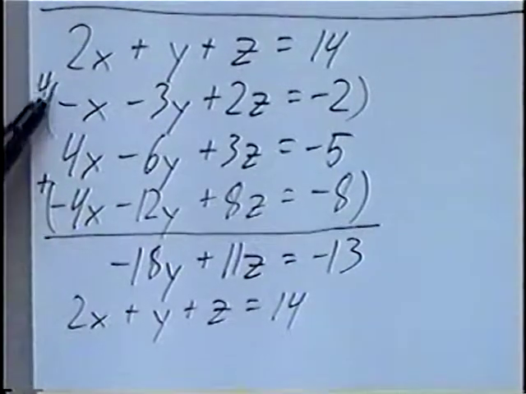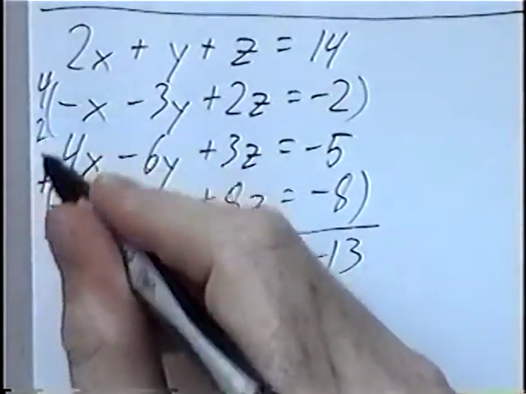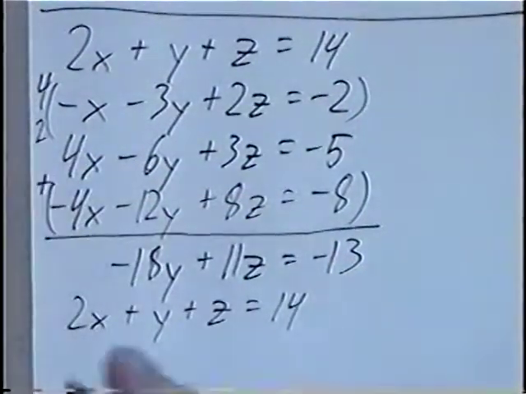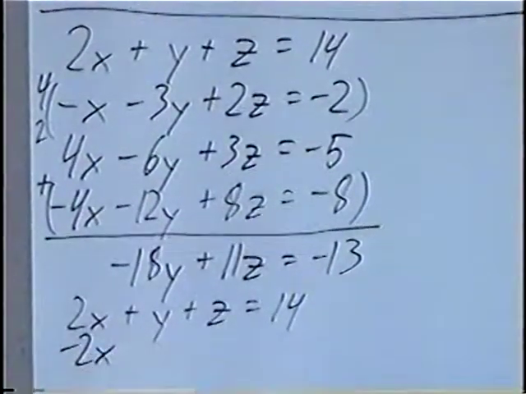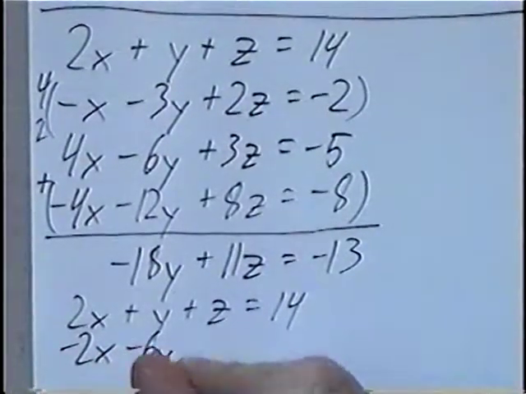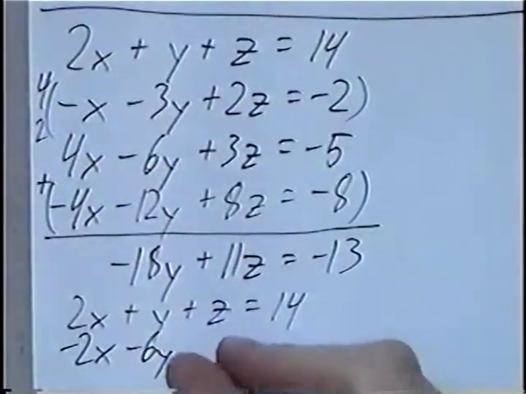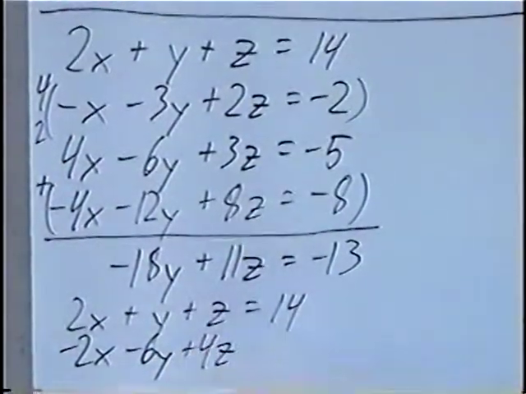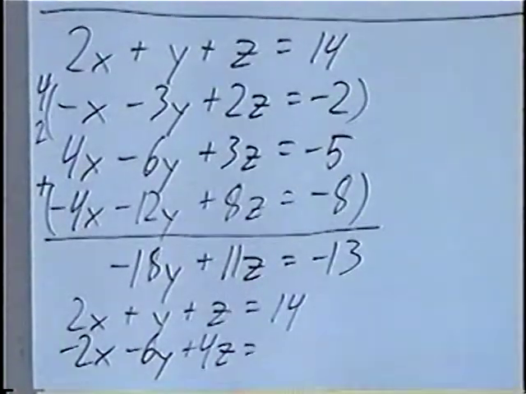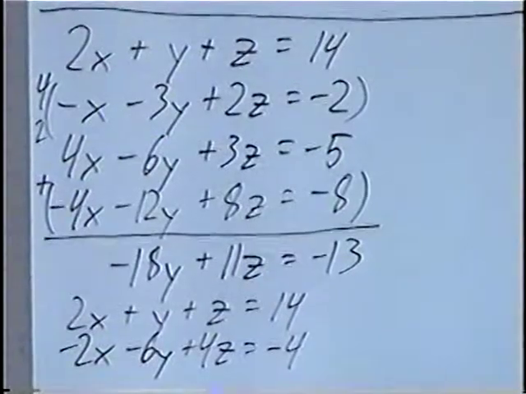Instead of multiplying by 4 though, we can multiply by 2, so the x's would cancel. Multiplying by 2, it would be negative 2x. 2 times a negative 3y, negative 6y. 2 times a positive 2z would be plus 4z. And 2 times a negative 2 would be negative 4.